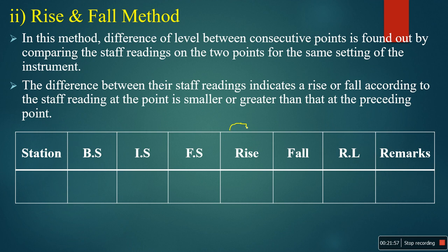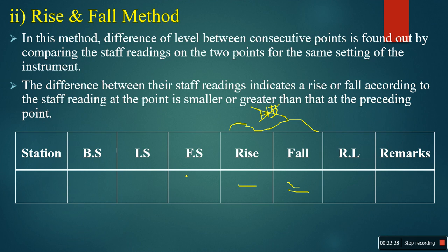The only difference is that the previous one had only an HI column, but here there is rise and fall, with no height of instrument. Here, from the difference of staff readings, we get the rise and fall values. Then we can easily calculate the RL.